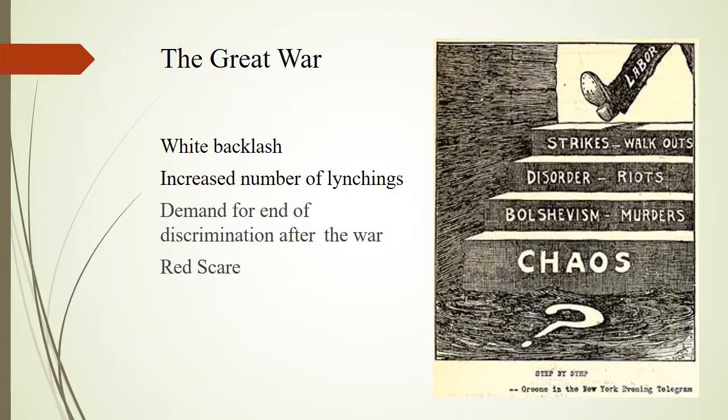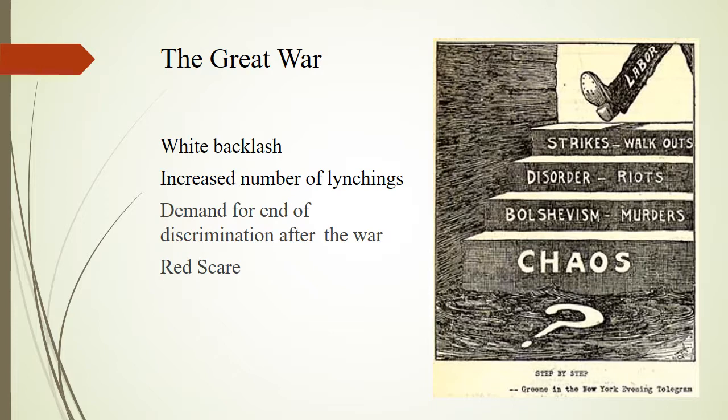W.E.B. Du Bois demanded action to combat racism and discrimination after the war, but people had a really hard time fighting back against discrimination due to the first Red Scare that erupted right after World War I. The government got very paranoid about communists and socialists and anarchists, and there were great roundups of European migrants, and people were accused of all kinds of radical beliefs, and they were deported.